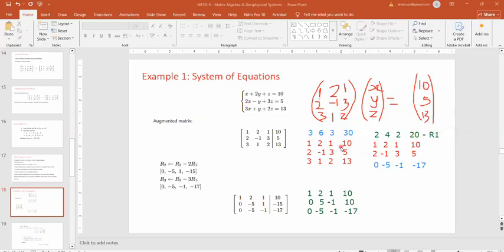Okay, let me see. Where did I make the mistake? This one. Yes, sir. That is it. Because we have so many numbers I'm looking at the same time.